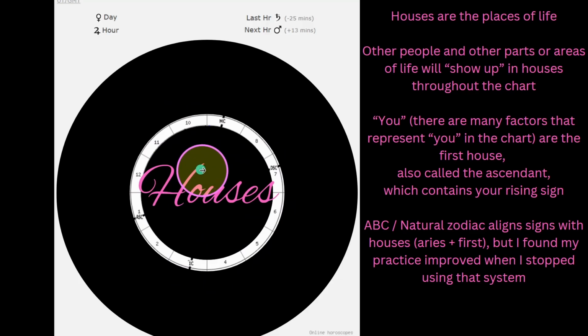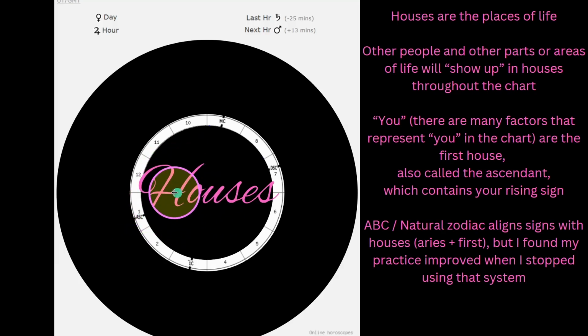So anytime you read a horoscope and they're talking about your finances or your partnership or your kids or your networks or your career, they're getting those ideas of what topic of your life is activated from the house numbers. Okay? So other people in other parts or areas of life will show up in houses throughout the chart. You are the ascendant, essentially.